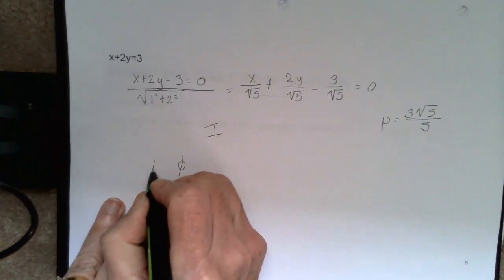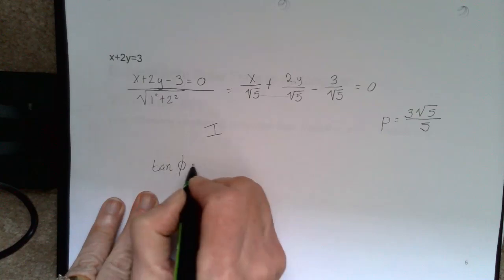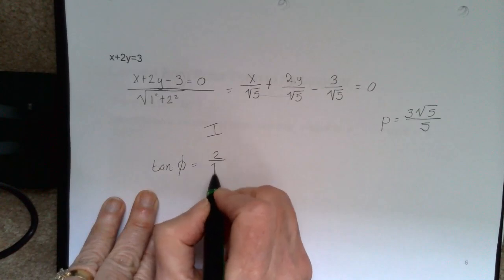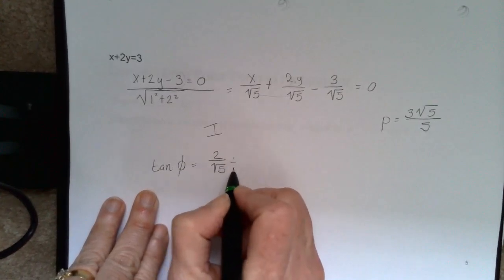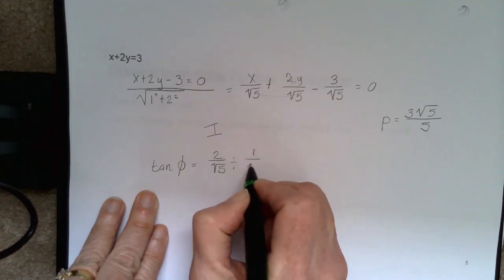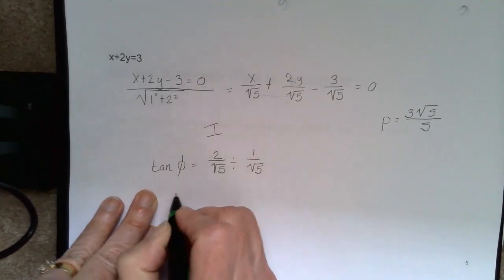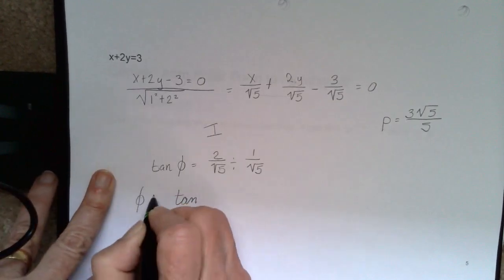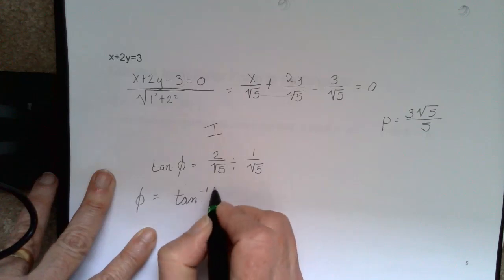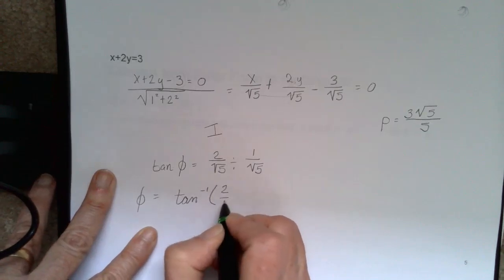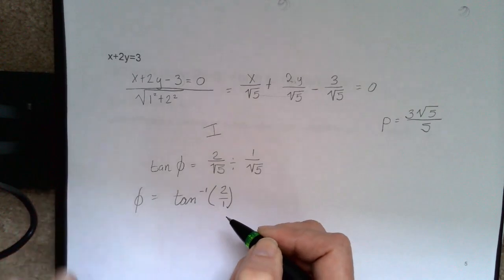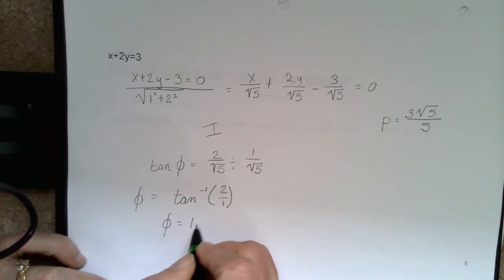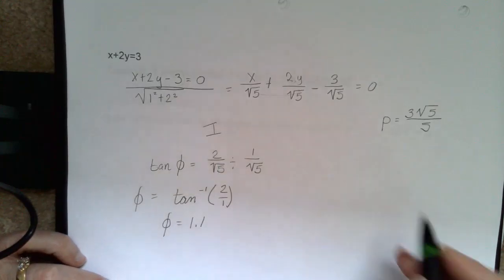So the tangent of phi is going to equal the 2 over the square root of 5 divided by the 1 over the square root of 5. So therefore the inverse tangent, which is what phi is equal to, is the inverse tangent of 2 over 1, which is going to give me a phi of 1.1, which would be in the first quadrant.